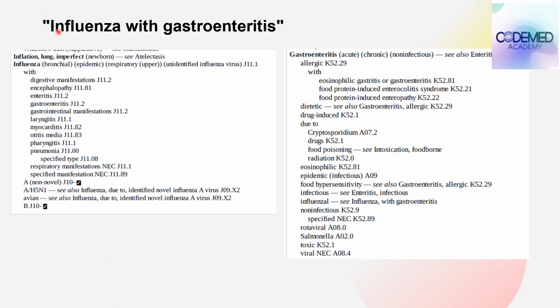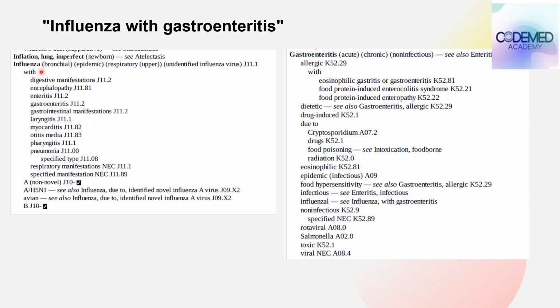Now we find out what is influenza with gastroenteritis. So now tell me what is the main term. The main term is, sometimes you might say gastroenteritis, sometimes you might say influenza. Now let us understand. Suppose some of them thought that influenza is the main term, and we look for it.